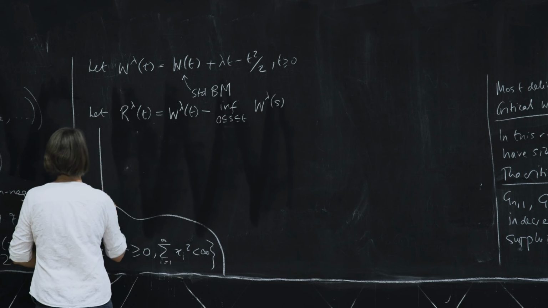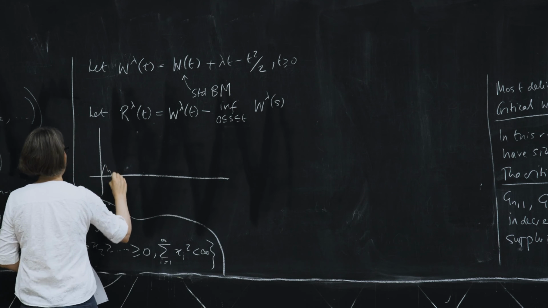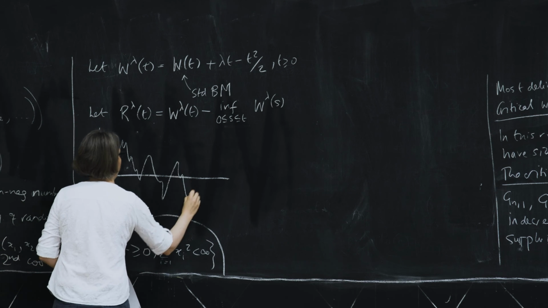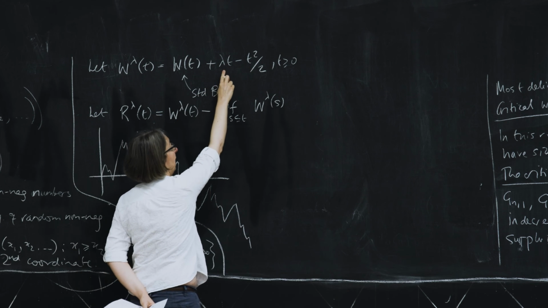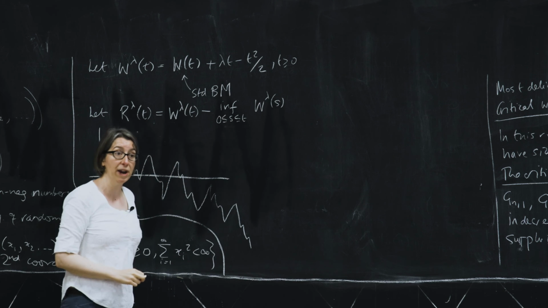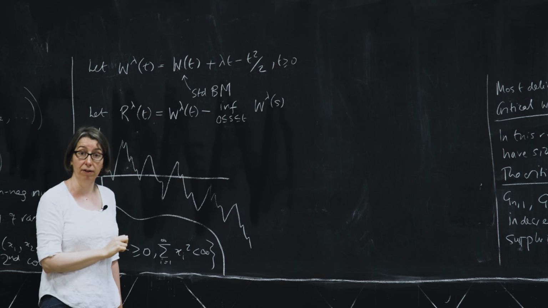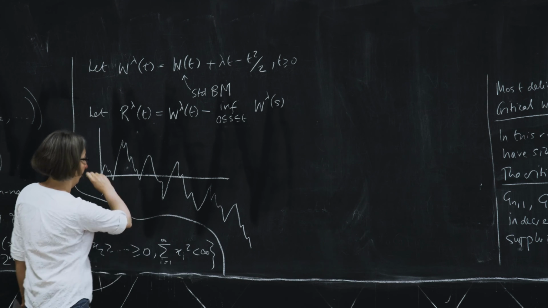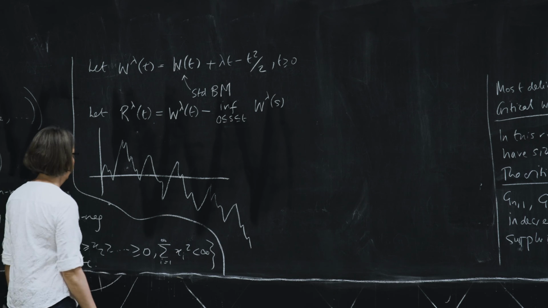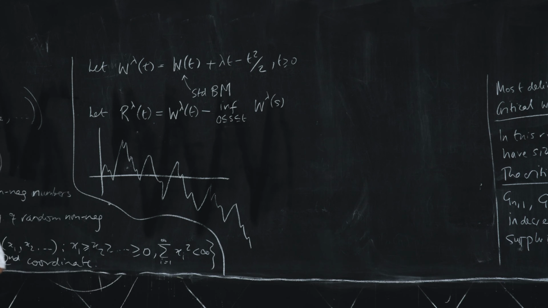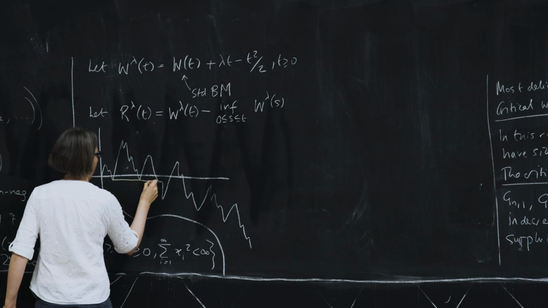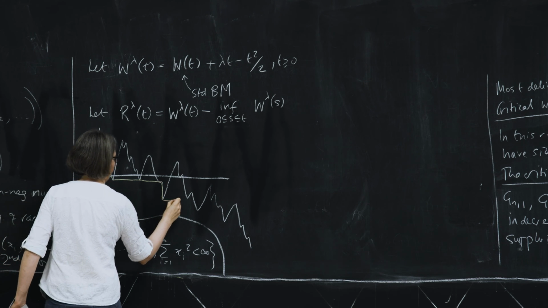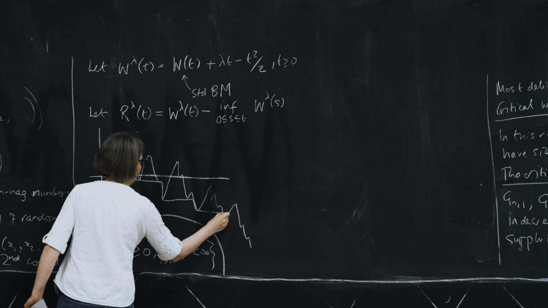Right, so what am I doing here? I'm starting with this Brownian motion that's got a negative drift. So if you think about it, irrespective of the sign of lambda, eventually this term here is going to win, and it's going to drag me down towards minus infinity. Right, so this thing has got quite a heavy negative drift. Then I'm going to pick out its minimum. Okay, so that's this decreasing process here.